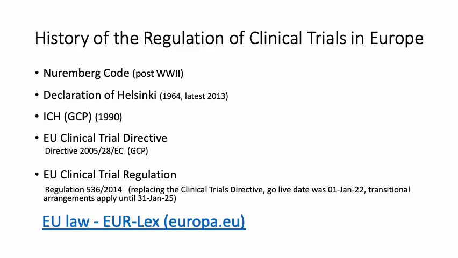In 2005, the Commission published the GCP directive, and that provided more guidance on procedures for applications to conduct a clinical trial and authorization of a clinical trial by national competent authorities, rules for the protection of participants, rules for reporting of adverse events, and rules on the manufacturing, importation and labelling of the investigational medicinal product.